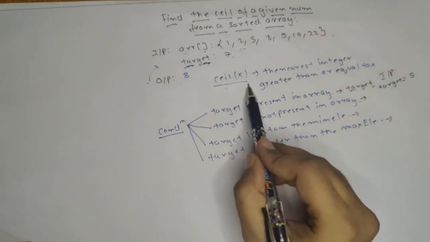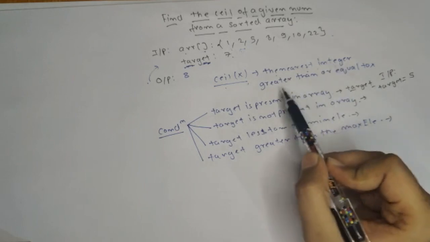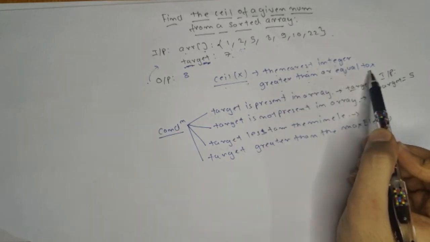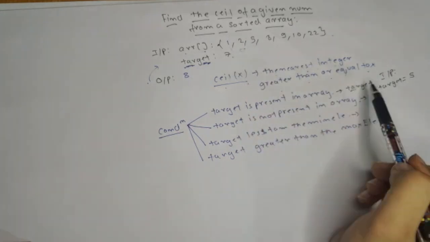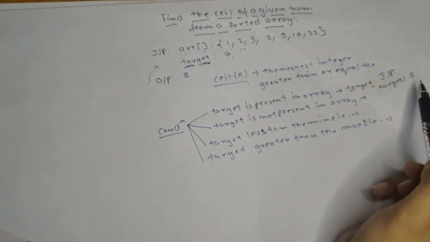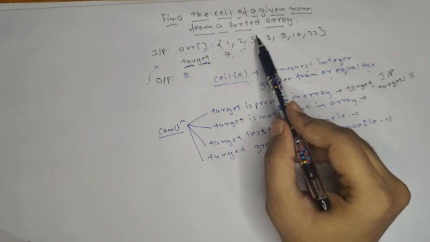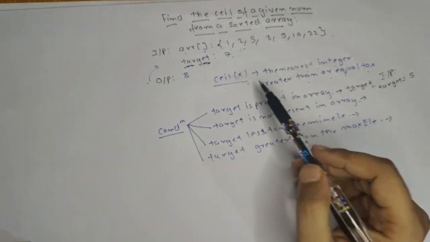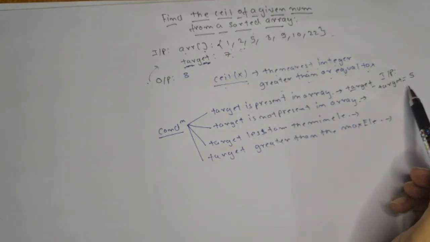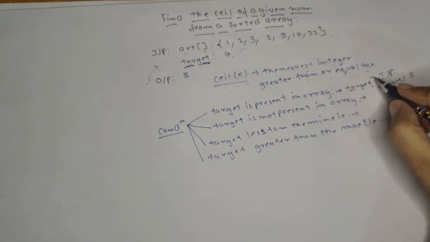So what does ceil of 5 mean? The nearest integer greater than or equal to 5 that is present in the array. We can see that the target value 5 is already present in the array. So we can clearly say that 5 is the closest integer to x, I mean the target. So the output will be the target itself.